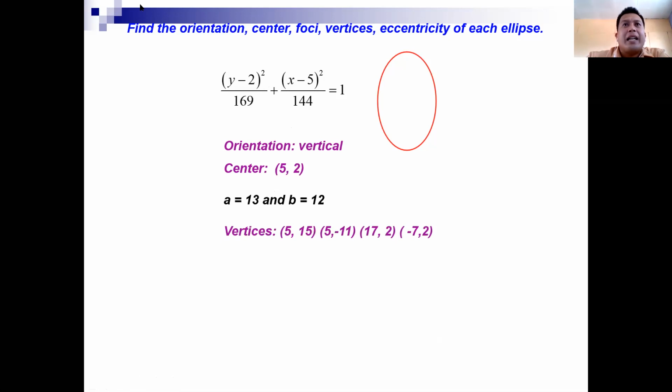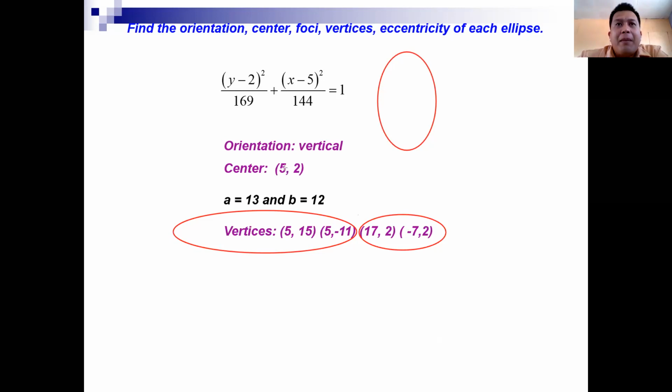Again, this is the intercept. These are the coordinates of your vertices. This is the intercept. So, the vertex is located here, this is your vertex and this is your vertex prime. This is your intercept, and this is your intercept prime.